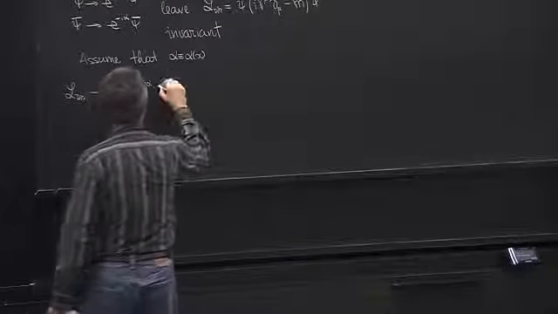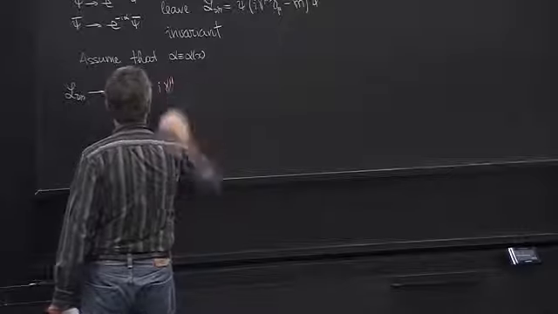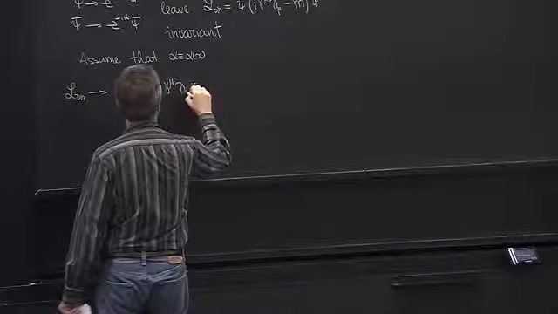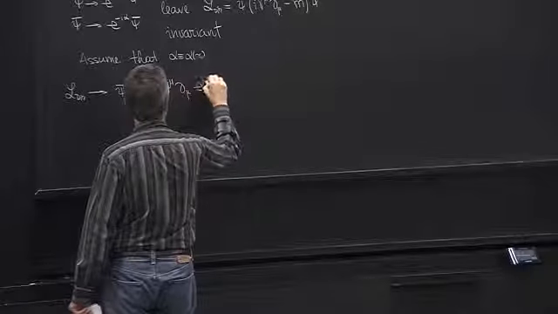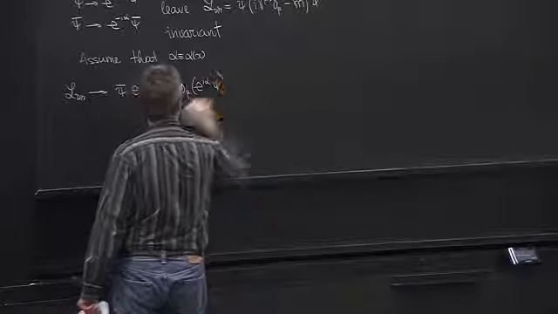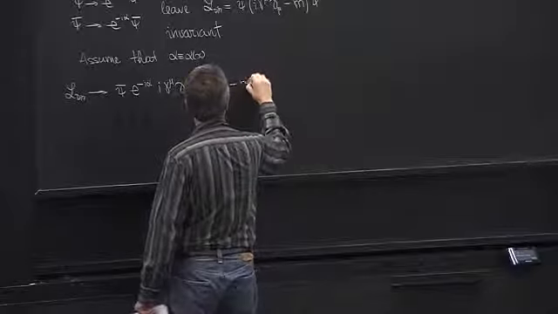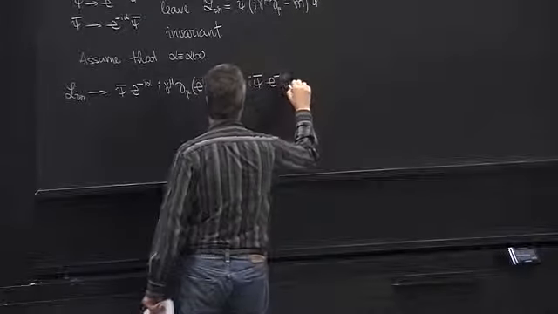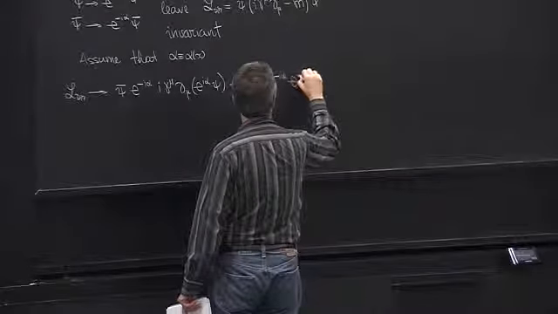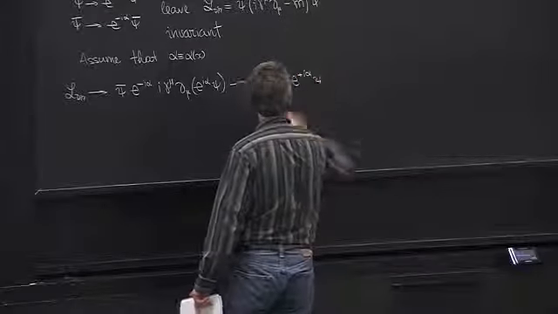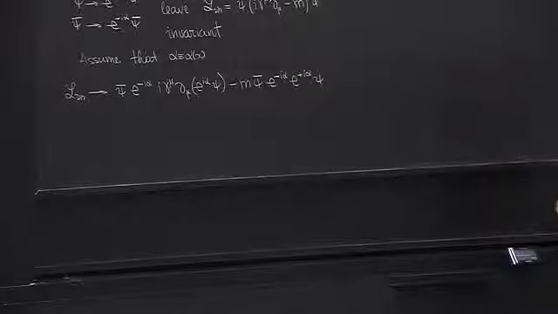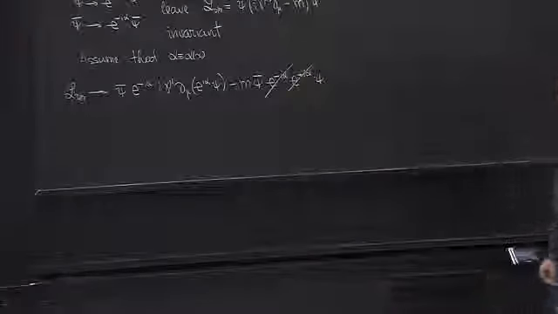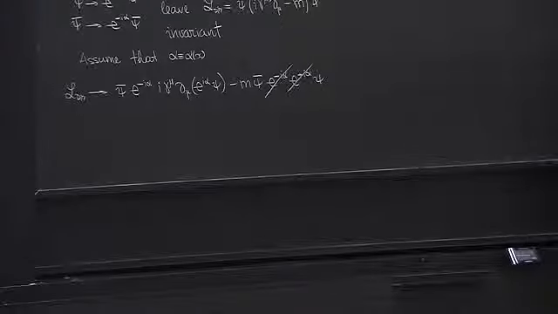So then there will be i gamma d mu of e to the i alpha psi, minus m psi bar e to the minus i alpha e to the plus i alpha psi. So these two terms cancel, so the mass term in the Lagrangian is invariant.